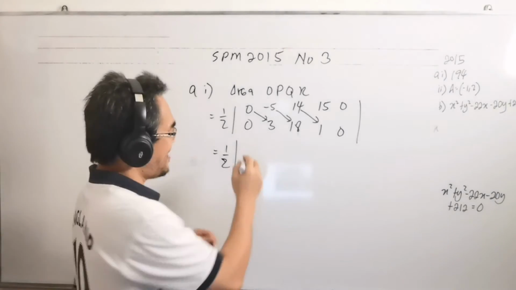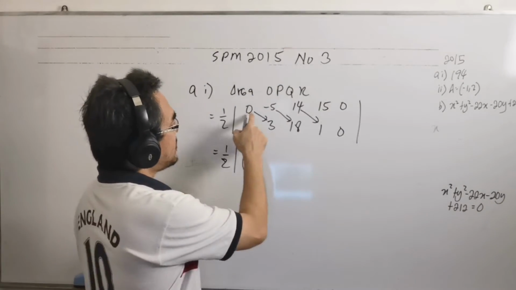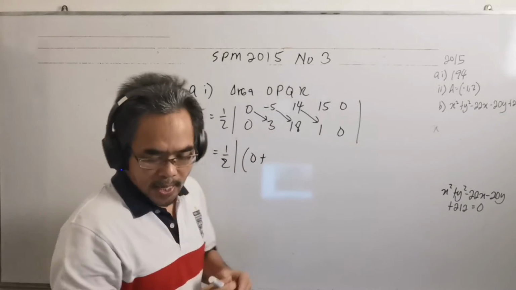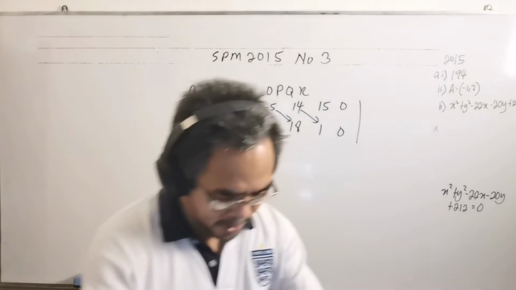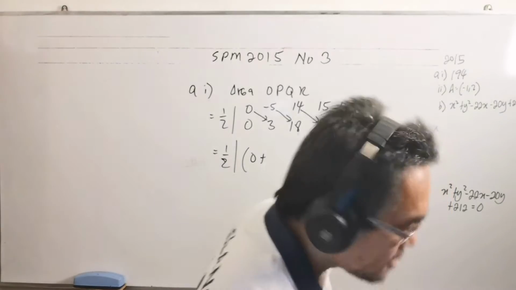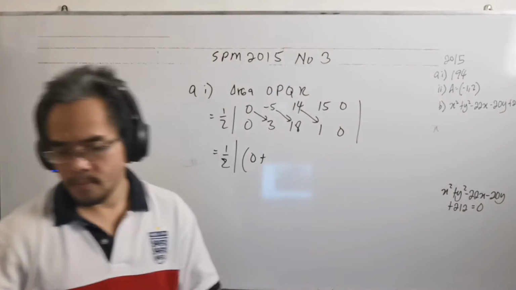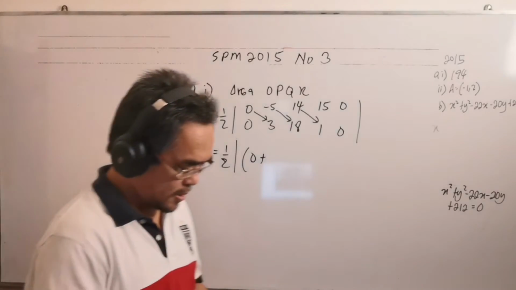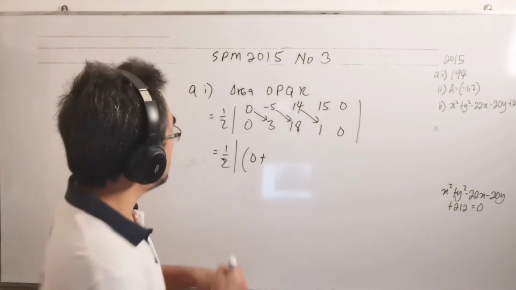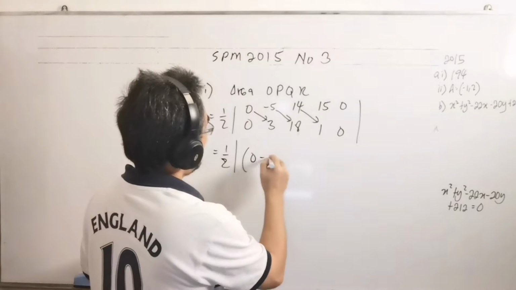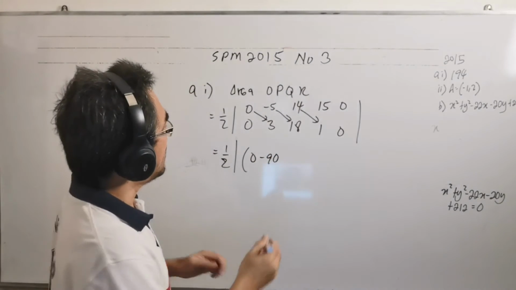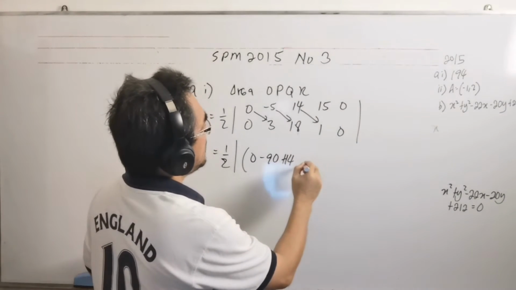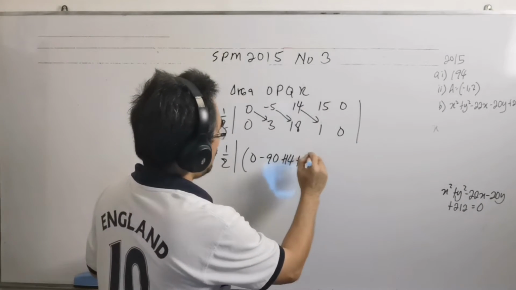So 0 times, I will write down still 0, and then this is 5 times 18. Okay, 5 times 18 will be 90, then plus 14, then plus 0.